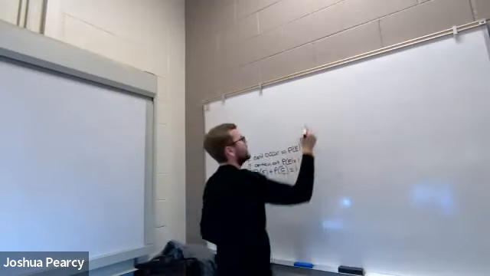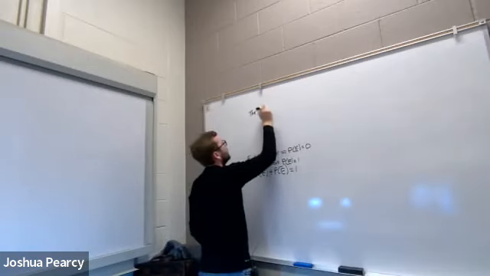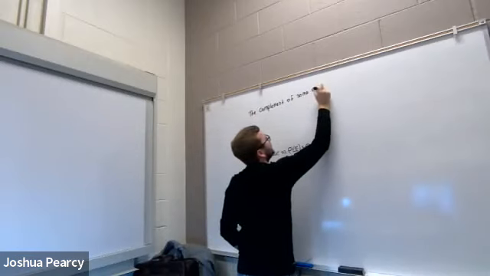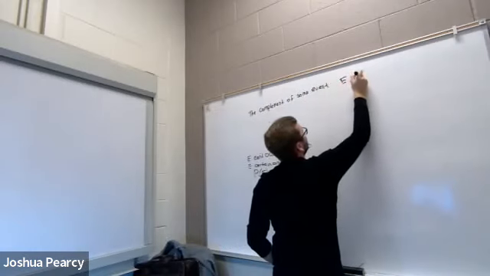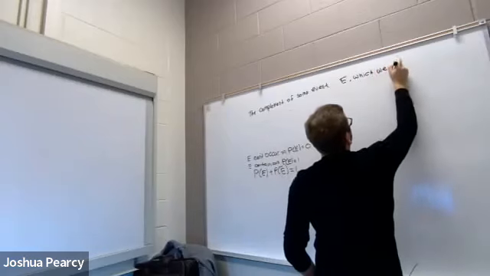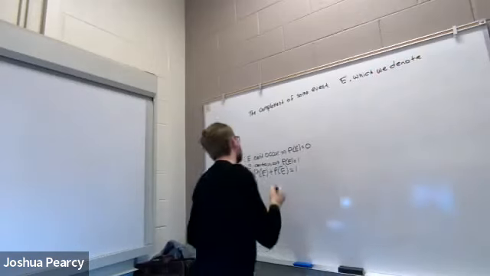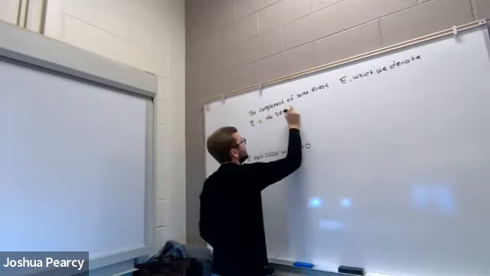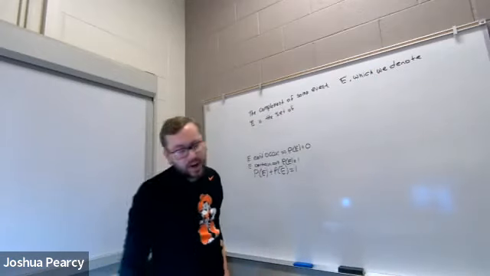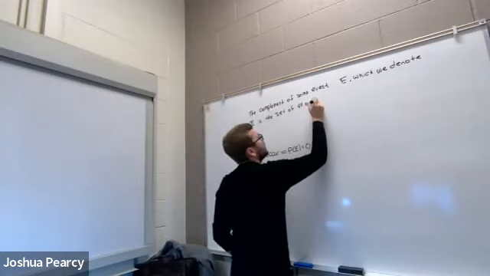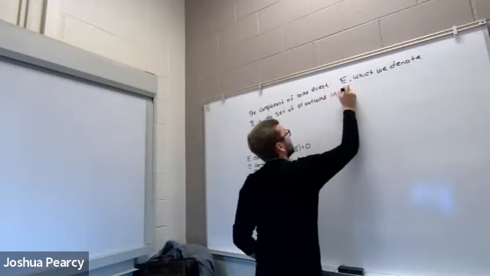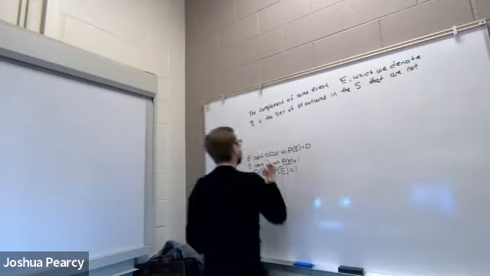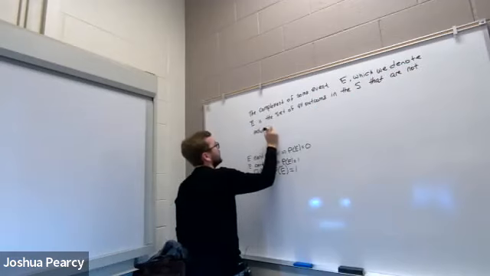The complement of some event E, which we denote E with a bar on the top, is the set of all outcomes in the sample space S that are not included in the event E.